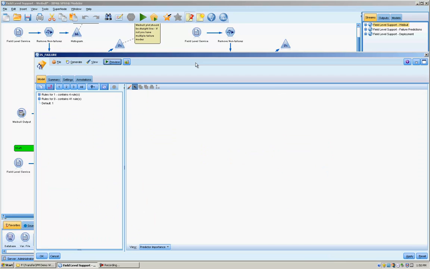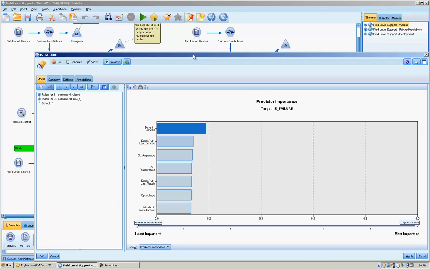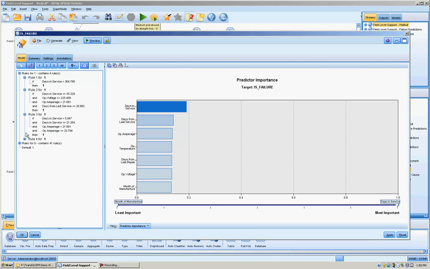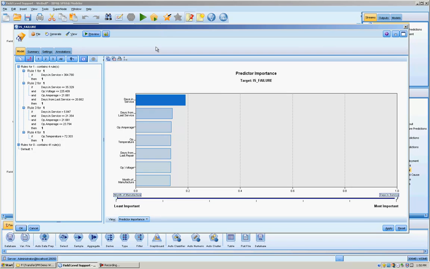So as we drill down into the actual decision tree and look at the rule set, we see there are 4 rules for these failures. And what we find out is that these early failures are related to operating temperature, operating amperage, and operating voltage.